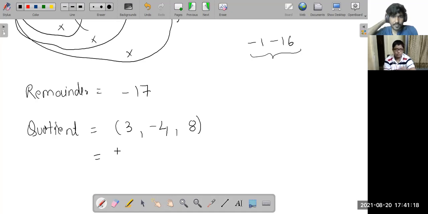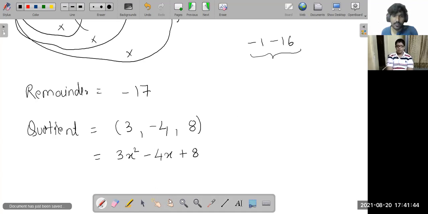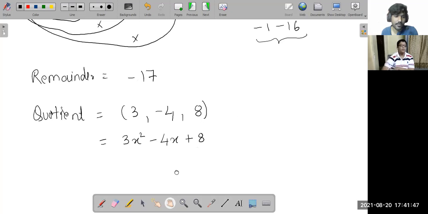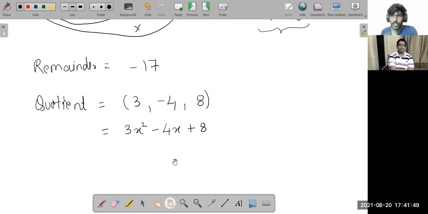So it would be 3x square -4x plus 8. This will be the quotient of your division.